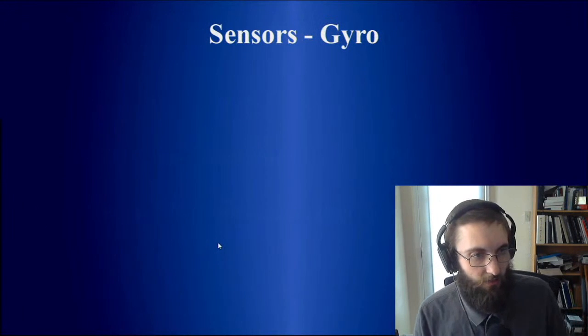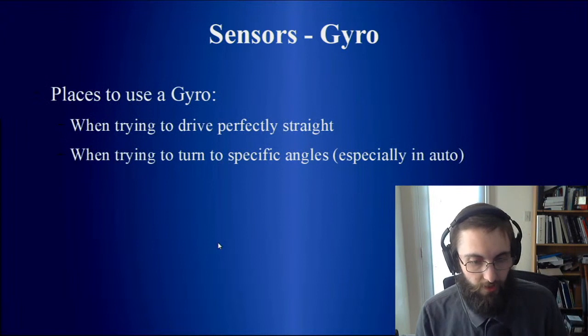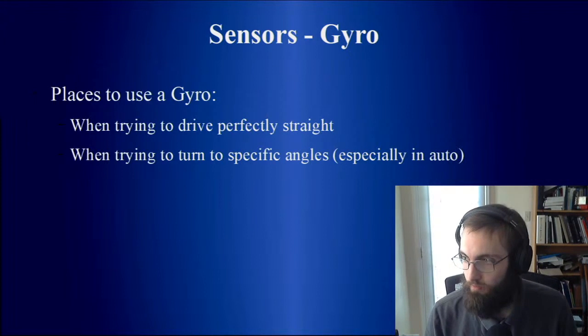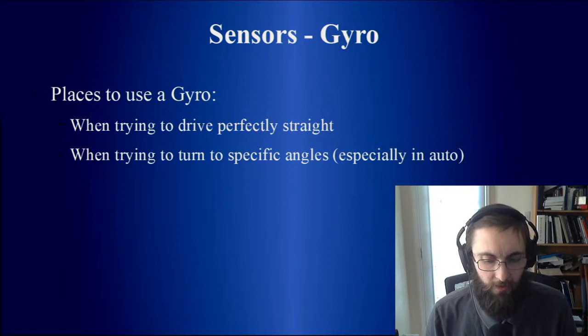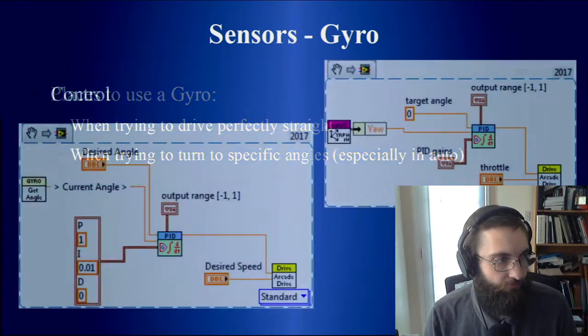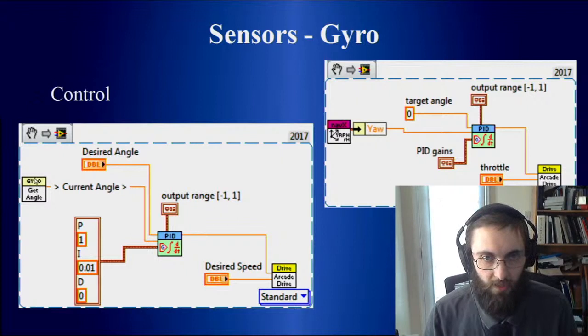I don't have a gyro with me, but it is useful for when trying to drive perfectly straight or when trying to turn a specific angle, say in autonomous, which isn't exactly happening this year, but if you're trying to program a preset turn, that'd be nice. For most gyros, you just say, I want to get the angle, and then you can do processing with it.